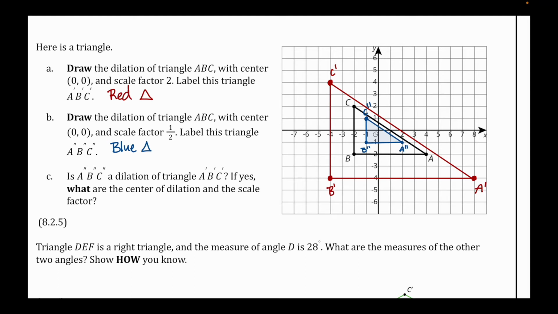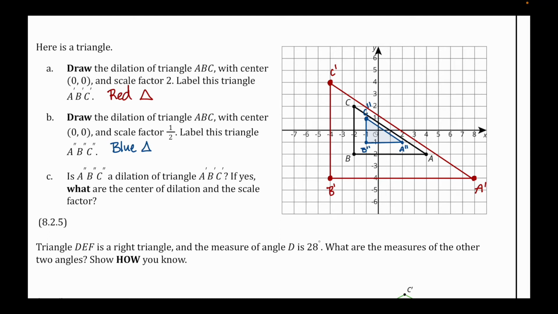Now the last question here says, is A double prime, B double prime, C double prime, so the blue triangle, a dilation of A prime, B prime, C prime, which is the red one? And if yes, what is the center of dilation and the scale factor? And the answer to this is yes.